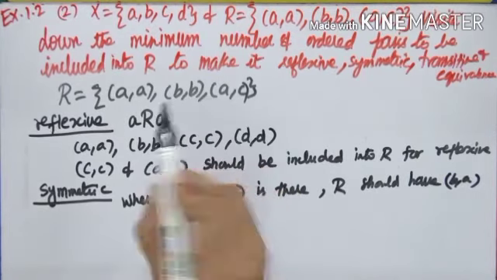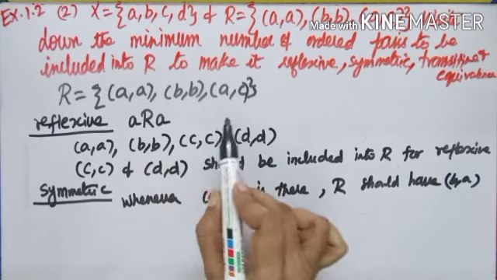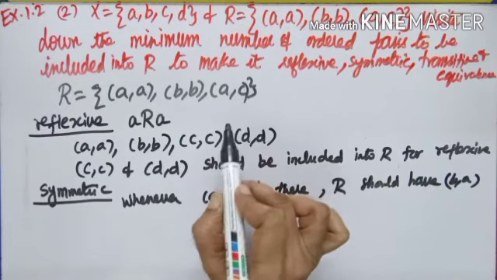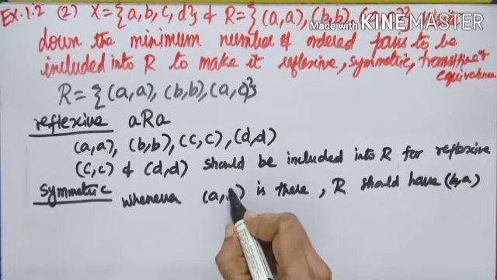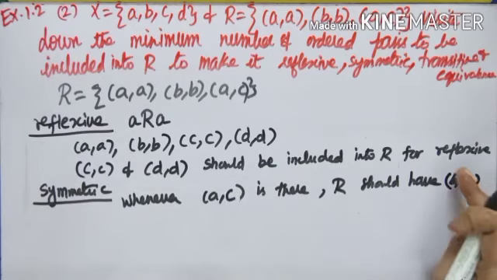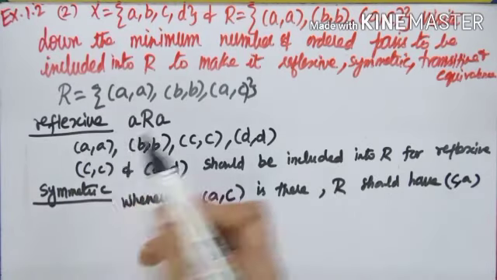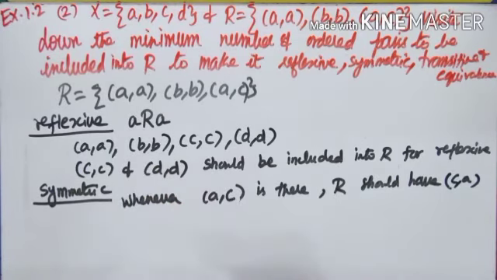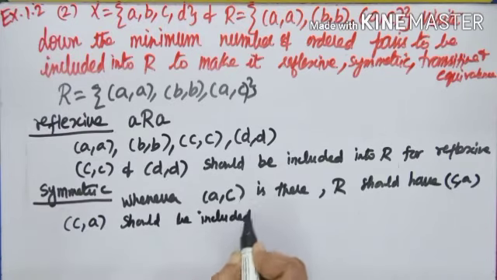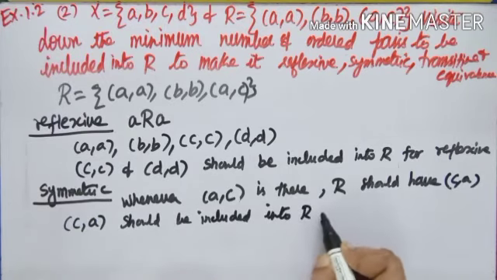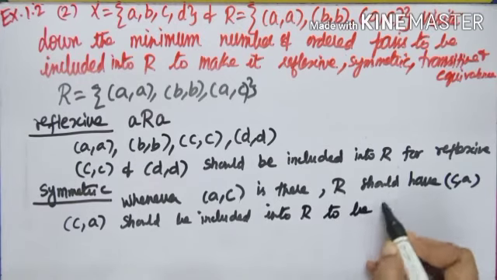BB is there, reverse also BB is there. So AC is there, so what should be there? CA. So whenever AC is there, R should have CA. AA, BB, even if I reverse, it is AA, BB only. So what should I include? CA. So we will write C, A should be included into R to be symmetric.